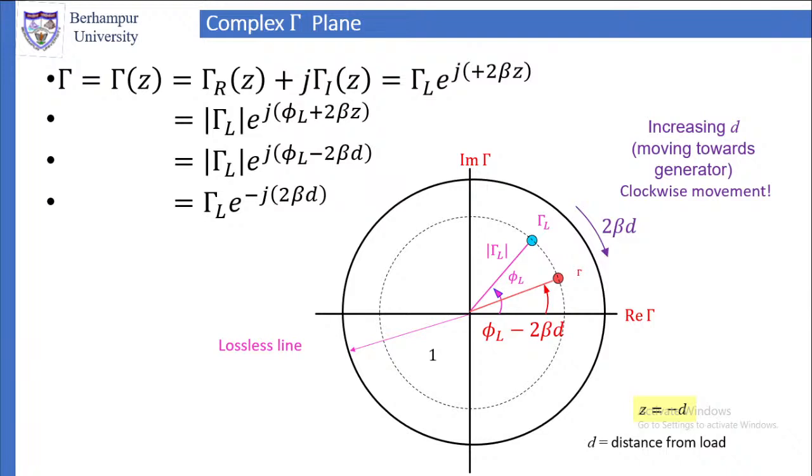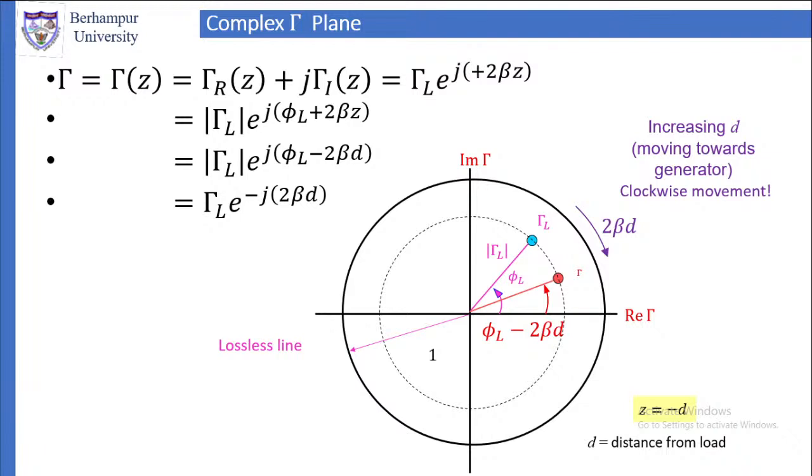So what we are doing here is, look at the figure. This figure is for a lossless transmission line. Along the x-axis we have real gamma, along the y-axis we have imaginary gamma. So that gives us a complex gamma plane.